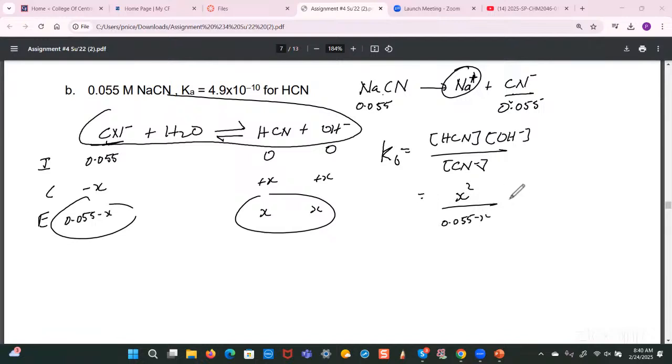Now, two things we have to look at here. The first thing is what we did earlier. We assume x is so small, much smaller than 0.055, so that 0.055 minus x is approximately equal to 0.055.